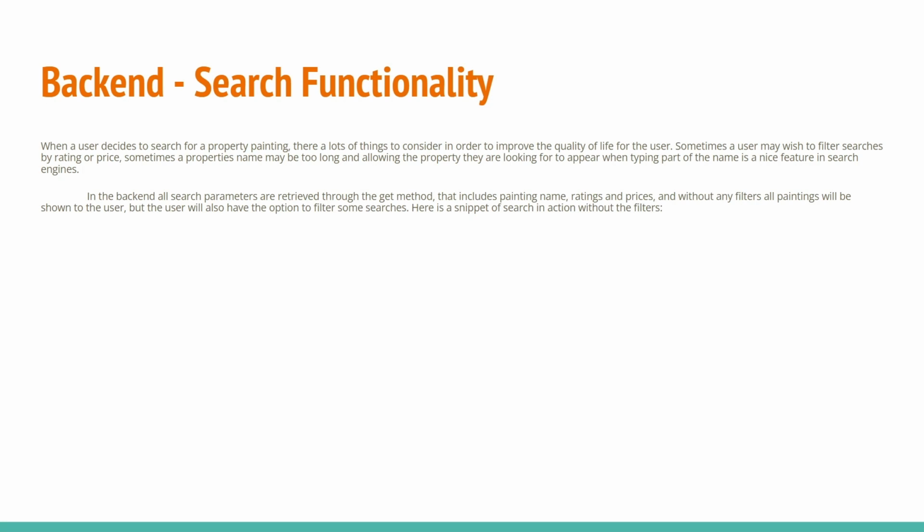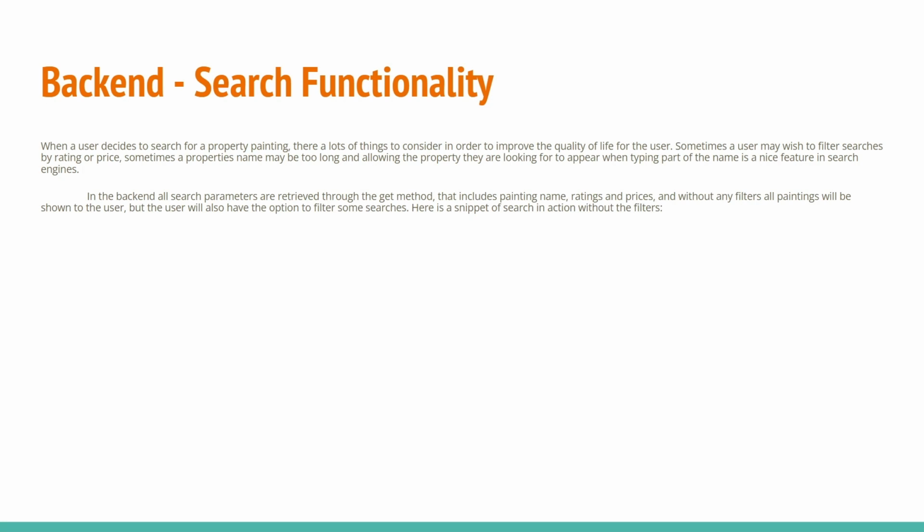Sometimes that user may wish to filter searches by rating or price. Sometimes a property painting name is too long, so it's a nice feature to have if they can just partially search the name and still get the results they want. That all happens through here, and we'll go a little more in depth in the next slide.